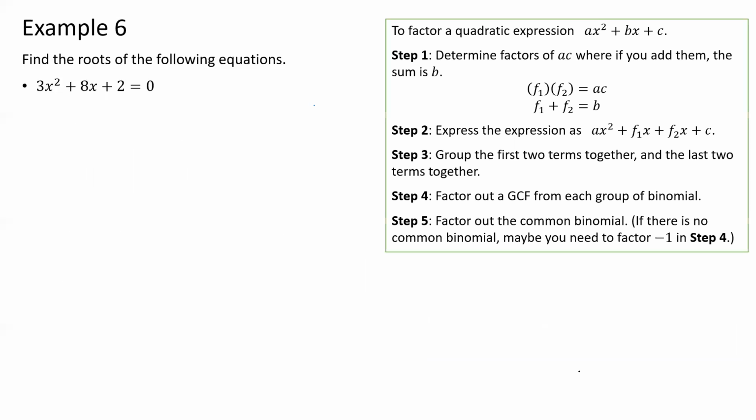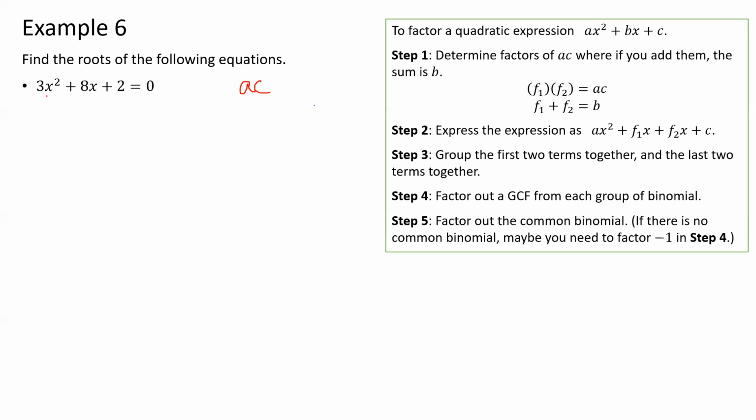So how about if we have 3x squared plus 8x plus 2? Okay. So 3x squared plus 8x plus 2 equals 0. If we want to determine the roots, let's try again to see how to do it by factoring.